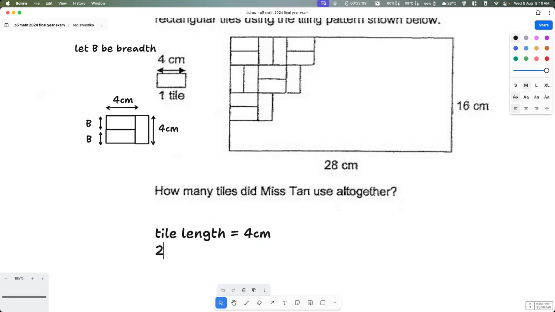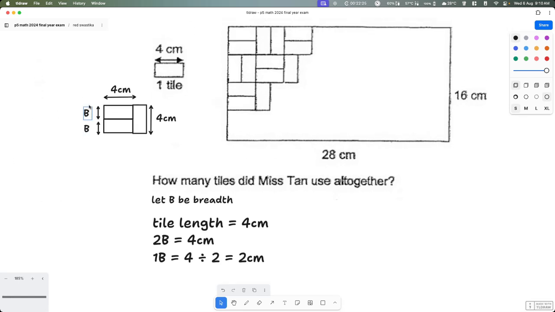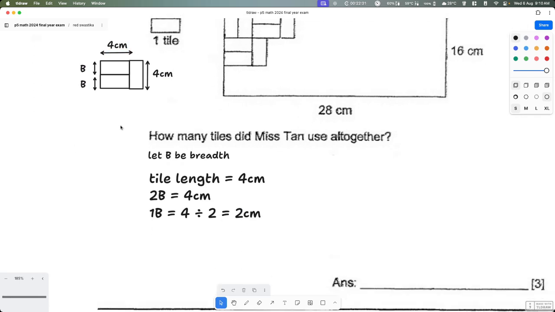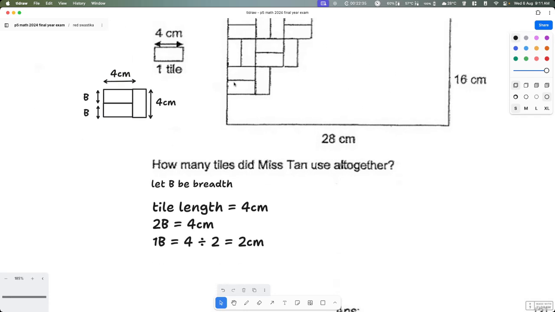Let B be breadth. 2B is equal to 4 centimeters. So 1B is equal to 4 divided by 2, which is 2 centimeters. So in this case, we already know what this whole thing is now. The breadth is 2 centimeters, length is 4 centimeters. Okay, so now we know this.